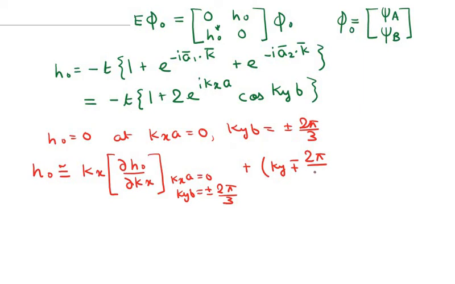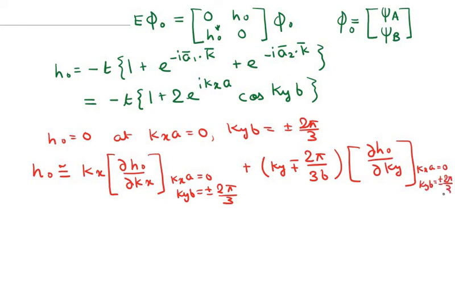So minus plus 2 pi divided by 3b, del H0 del ky at kxa equals to 0, kyb equal to plus minus 2 pi divided by 3.